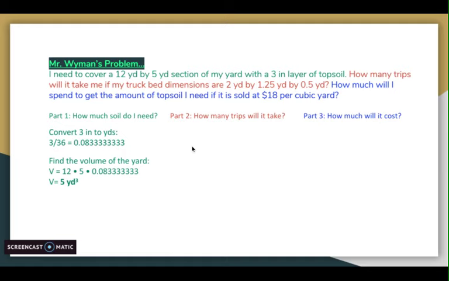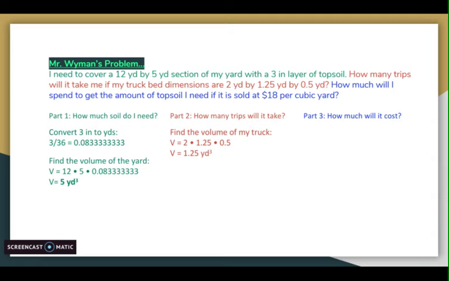Now I need to figure out how many trips it's going to take. Again, I have to do a little bit of work before I can find the answer. First thing I need to do is find the volume of my truck. The measurements are all the same units, so I can just plug them in.